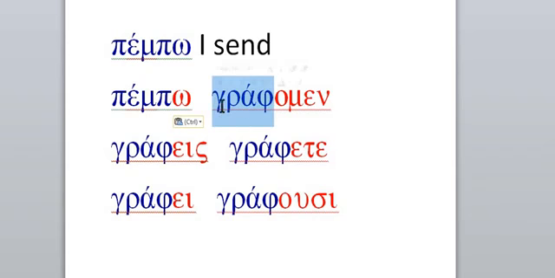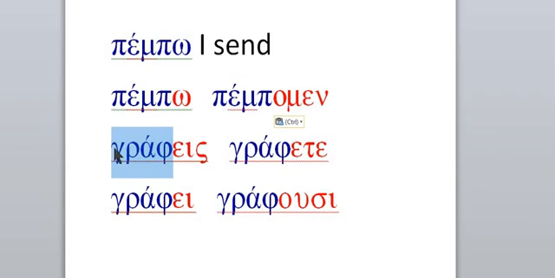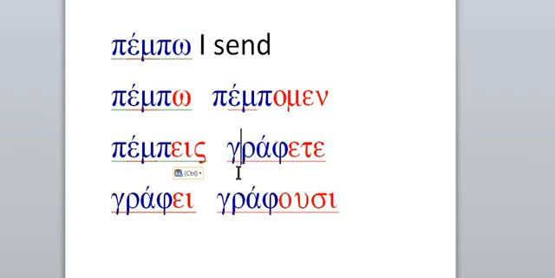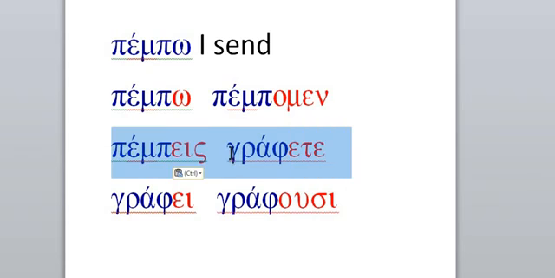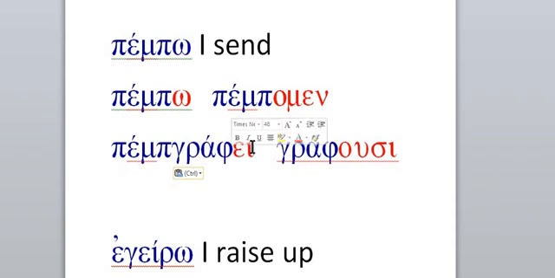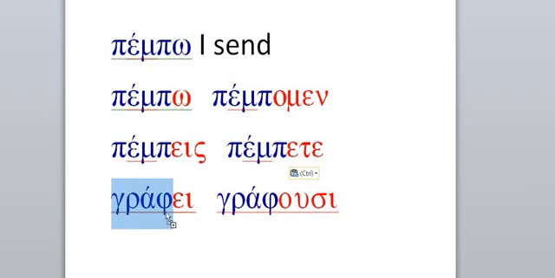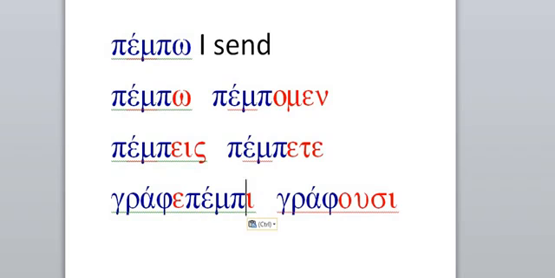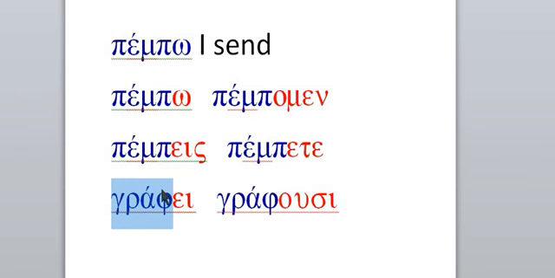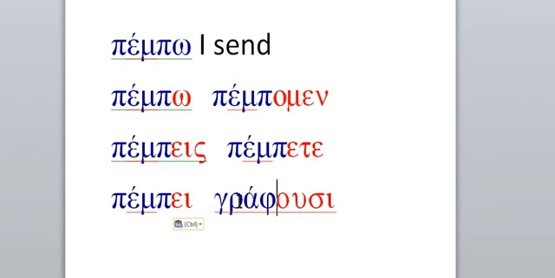Okay, pempo, pempomen, pempeis, pempete, pempei, then pempousi. Okay, this is how you write.